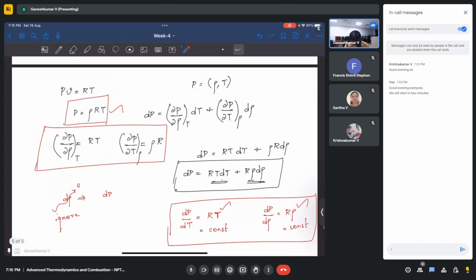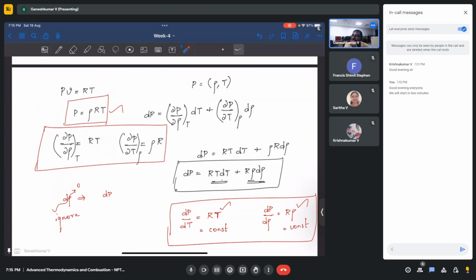So you see, the change in pressure is actually coming out to be T d rho and rho dT. So that is a strong dependence. Let's say if you integrate it, you are going to have a strong dependence. That is what I'm trying to say.